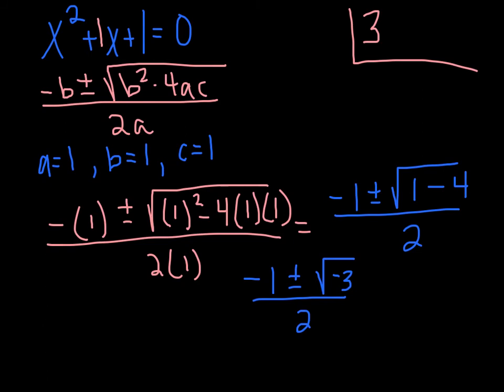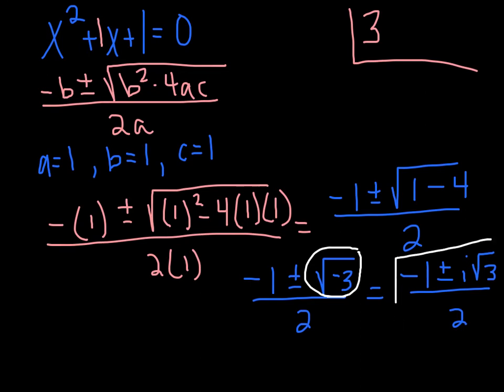Well, we cannot have a negative under the radical. So we're going to have to simplify that, and when we have a negative under the radical, it results in an i. So we have -1 plus or minus i radical 3 over 2. This right here gives the other 2 roots for this polynomial.